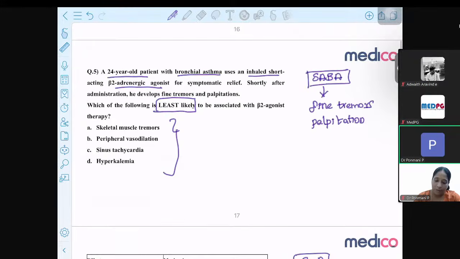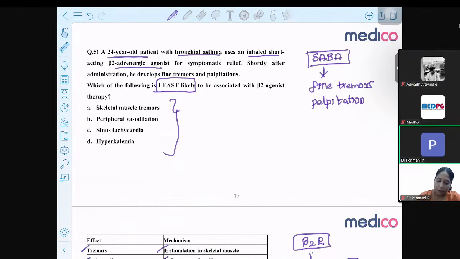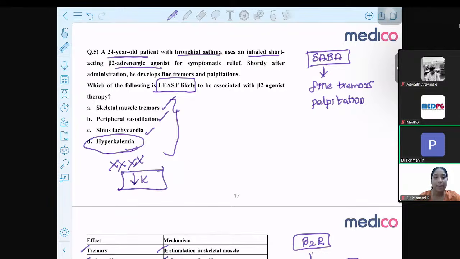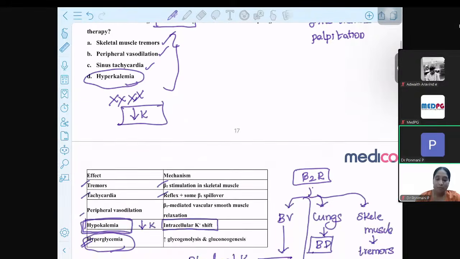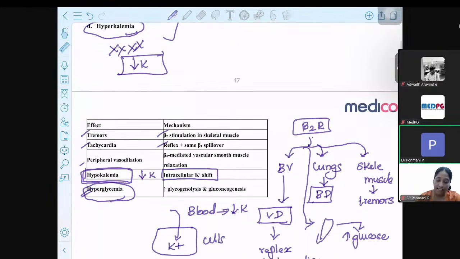So in our question, which is the least likely? We know it is going to cause skeletal muscle tremors, peripheral vasodilation, and because of that, tachycardia also. Is it going to cause hyperkalemia? No. It is going to cause hypokalemia. Okay, with this, we'll move to the next question, our sixth question.